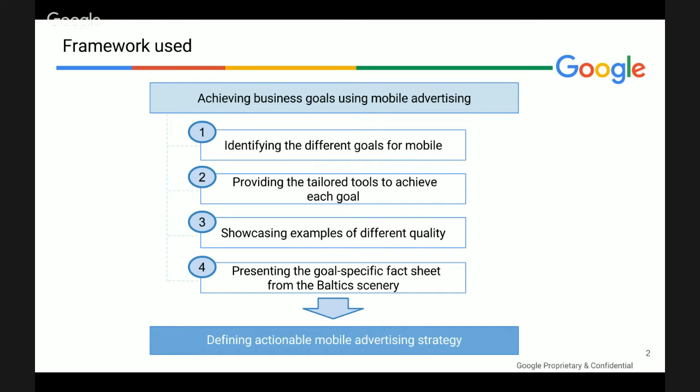Then we will look at the tailored tools that can be used on the AdWords platform and analytics platform. Third, we'll show you different examples of really good mobile ads, and of ads that could actually be improved to achieve their specific goal. And fourth, we'll look at the different statistics that we managed to find and pull in terms of the Baltic scenery of mobile advertising.